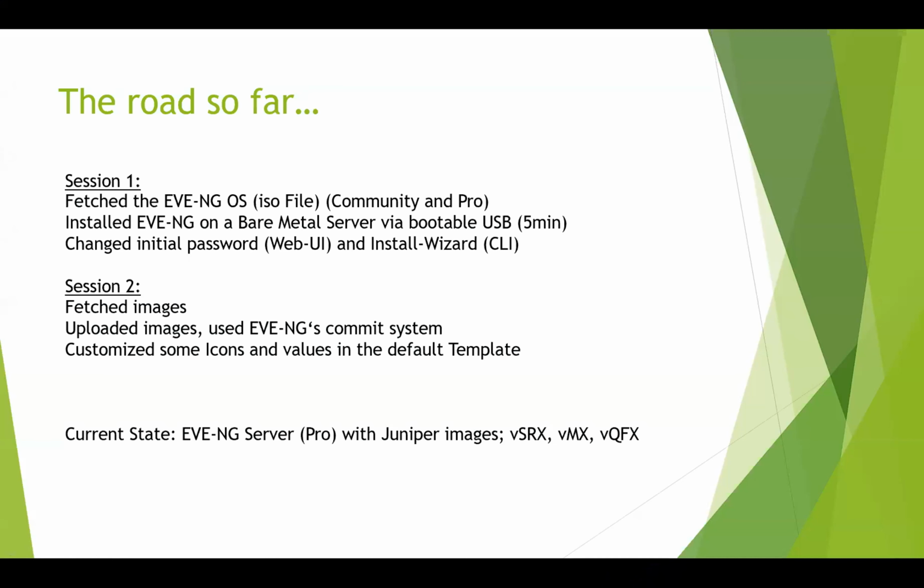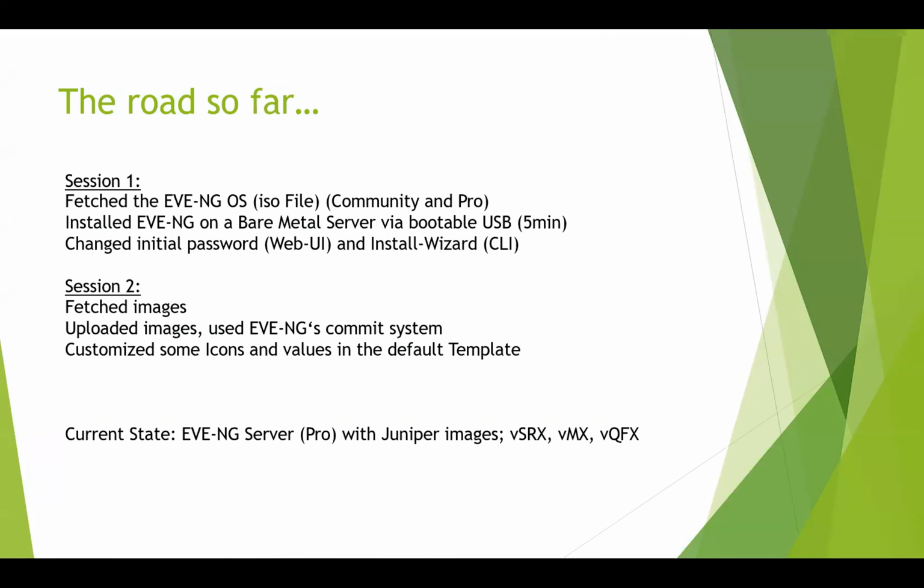We installed EVE-NG. We simply took the ISO file, created a bootable USB, and installed it in, I would say, not including the waiting time, under 5 minutes. So we basically saw how easy it is to install EVE-NG on a bare metal server. And then we changed the initial password and ran the install wizard so that our server was prepared.